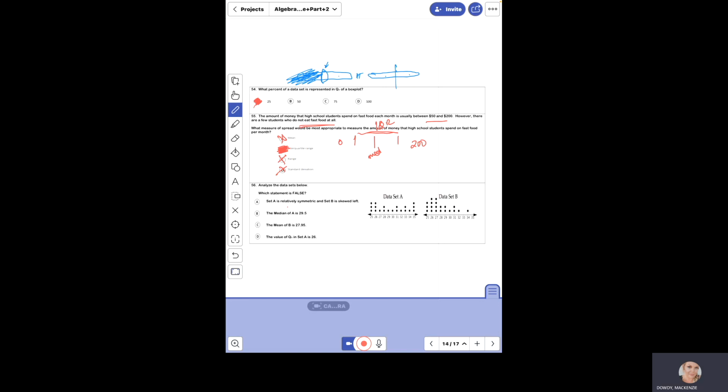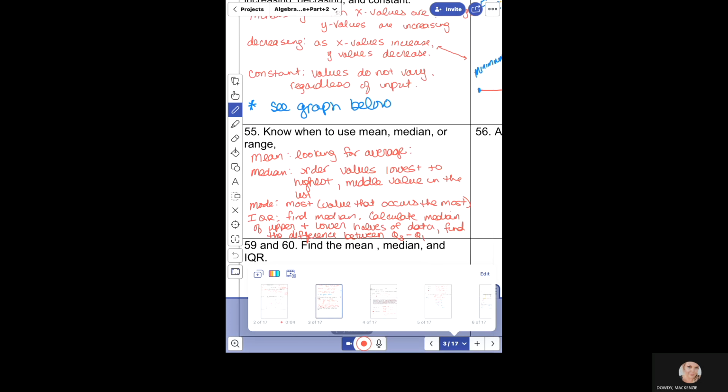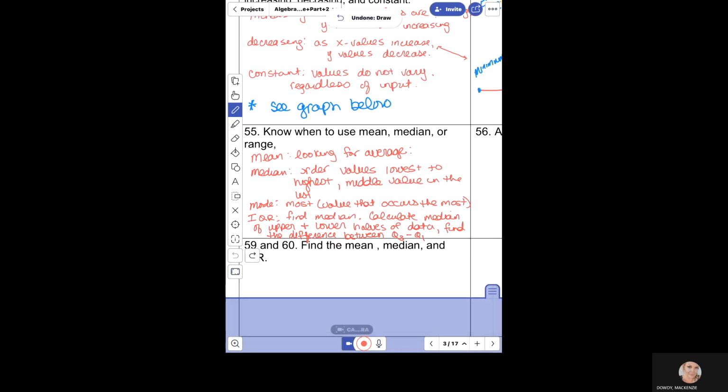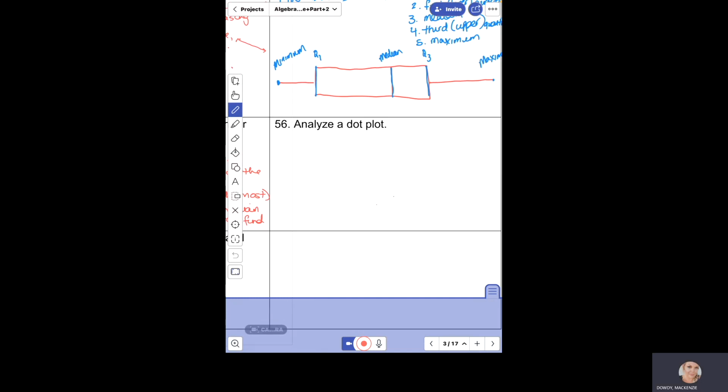56. Analyze a dot plot. Each value is represented with a dot, literally a dot, above the number line.